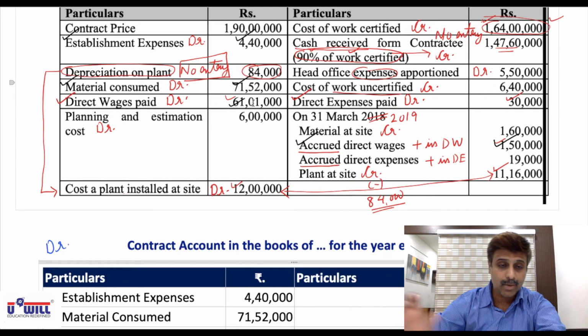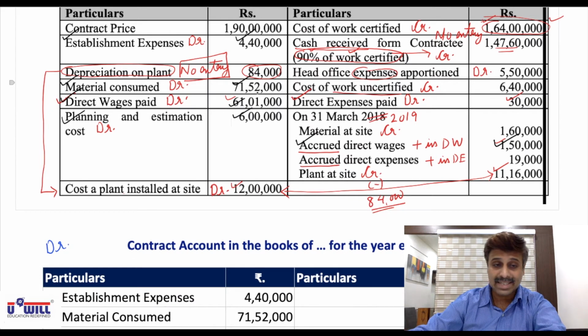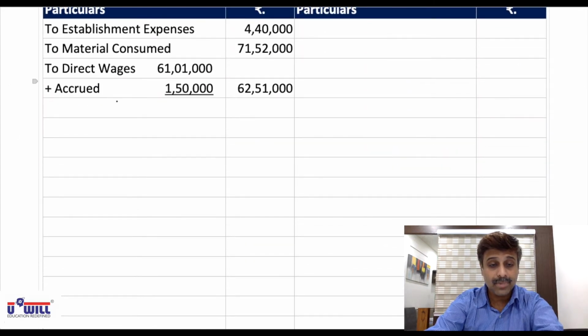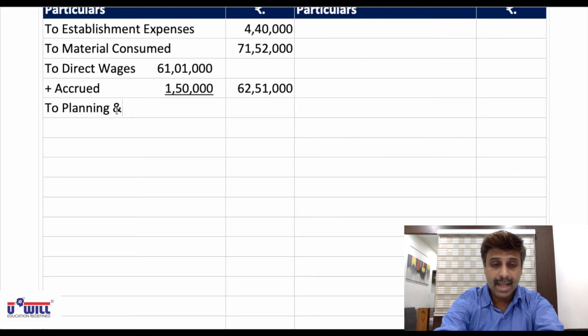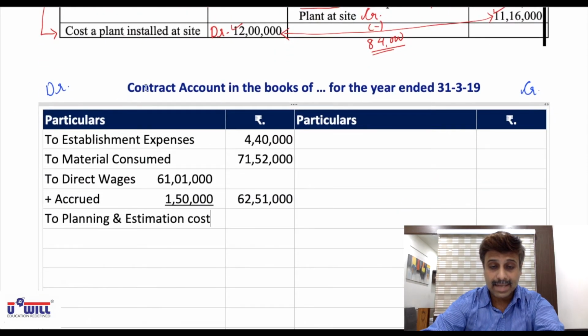Then after direct wages, which is recorded, planning and estimation cost, 6 lakhs. Again on the debit side, it's an expense. 'To planning and estimation cost', amount is 6 lakhs.